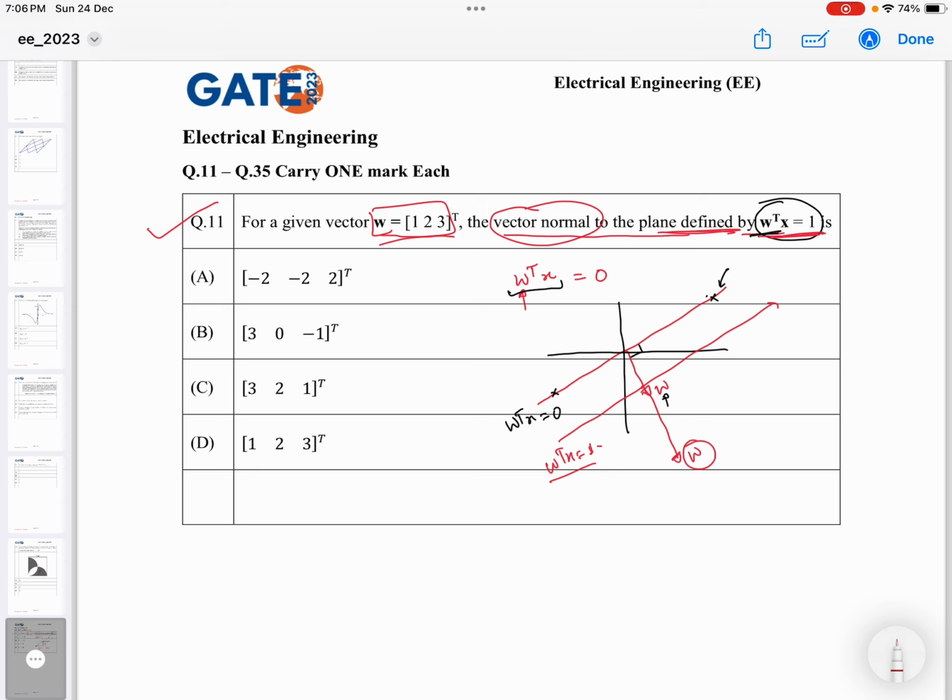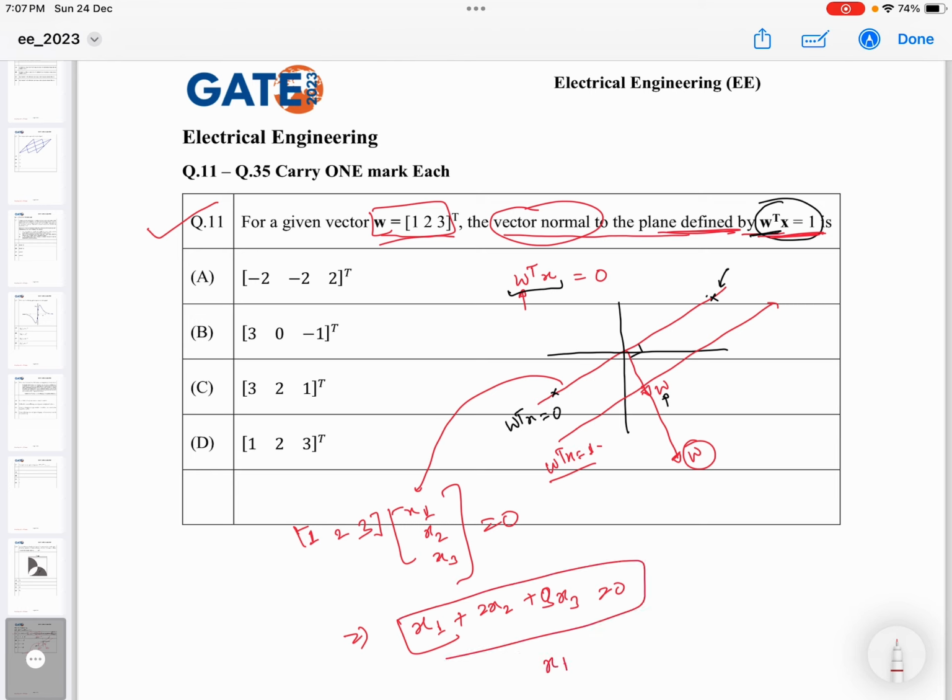If you are not able to visualize this, then what you can do is, let's say that w is 1 2 3, and w transpose will be the same, and you take x1 x2 x3. If it is equal to 0, then here what we get is x1 plus 2x2 plus 3x3 equal to 0. That is the equation of a plane.